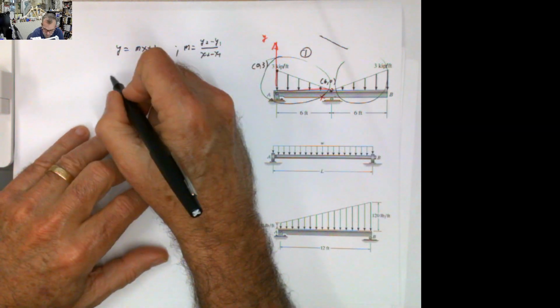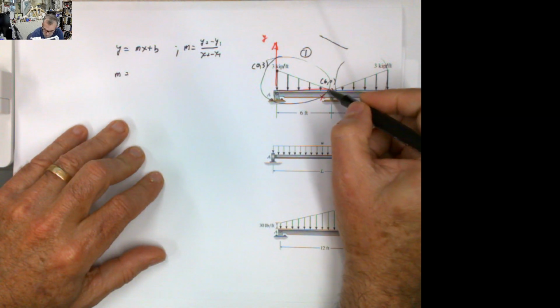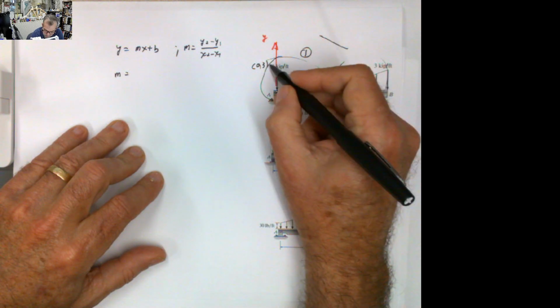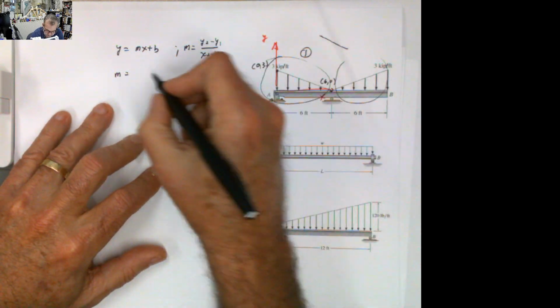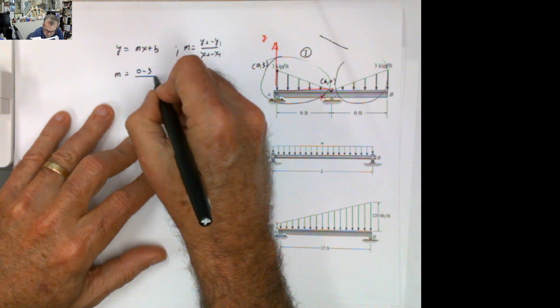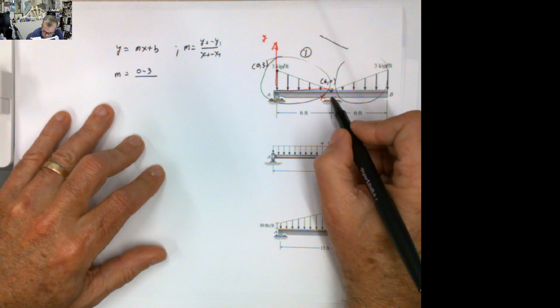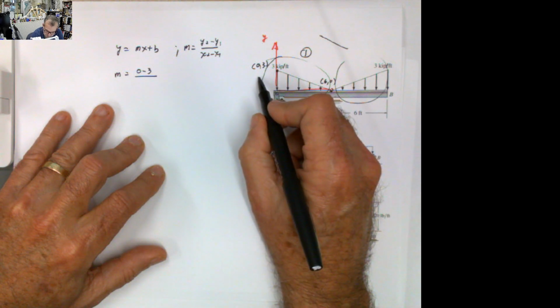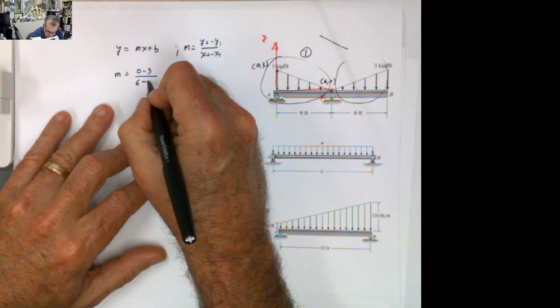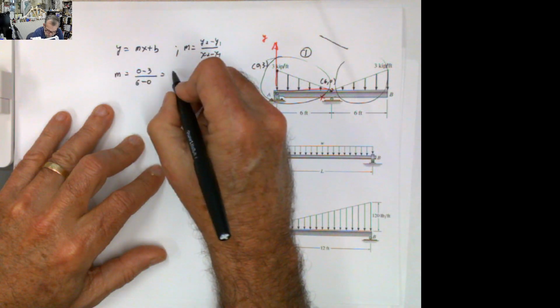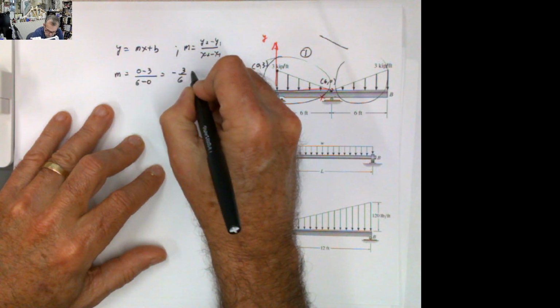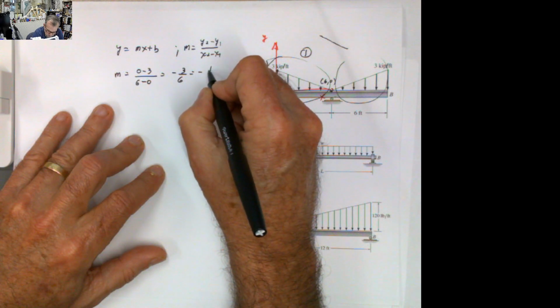So to calculate the slope, it's y2 is 0 minus y1 is 3, so 0 minus 3, divided by x2 is 6 minus x1 is 0. This is going to be negative 3 over 6, which is negative 1/2.